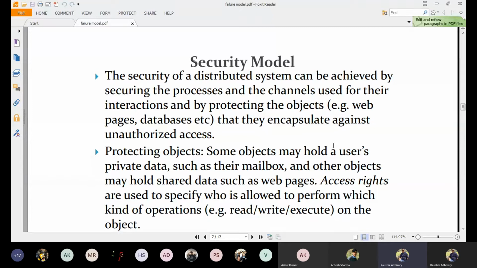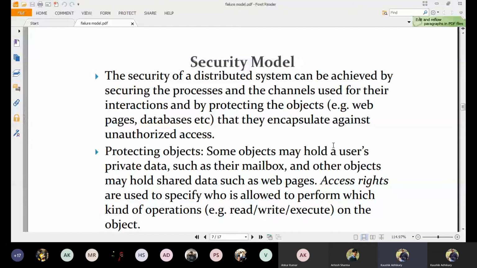It means in a system we have a database and web pages. These should be secured from unauthorized access. So we have to secure the processes, which can be hardware or software, and the channels, the medium through which we are sending a message, should be secured.